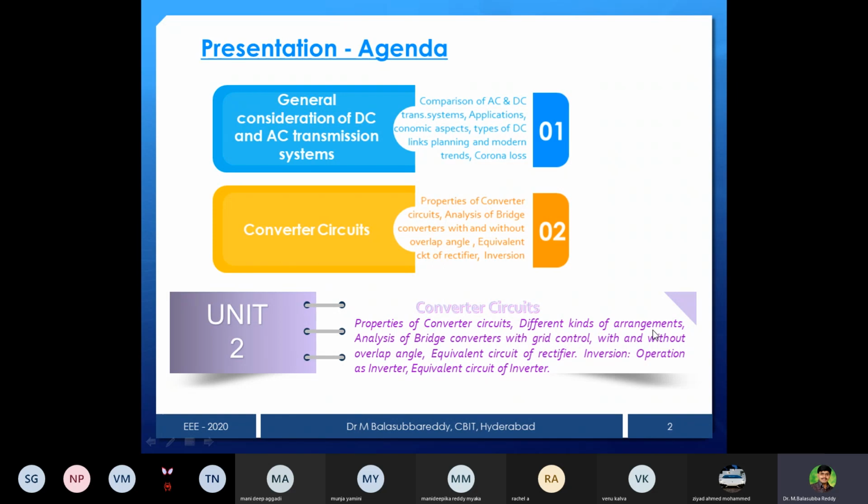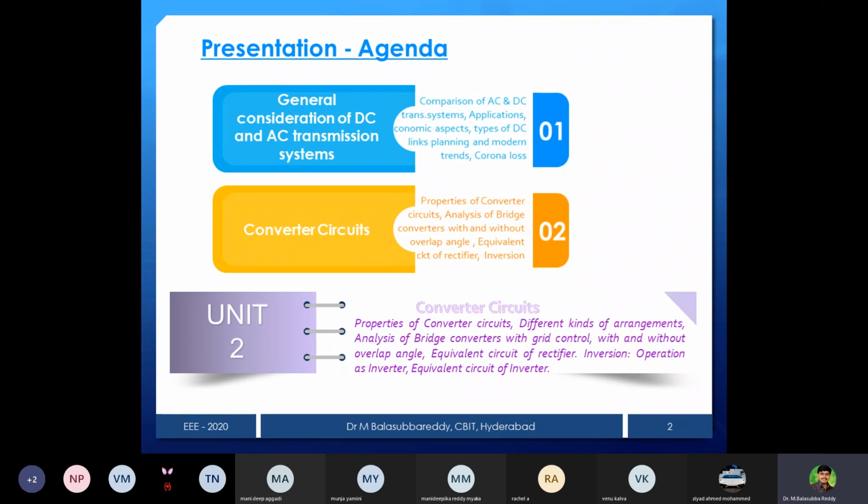Different kinds of arrangements. Now there is a bridge, full bridge, something like that, and even three phases. Before analyzing the circuit, we'll briefly discuss converters and analysis of bridge converters with grid control and with and without overlap angles.